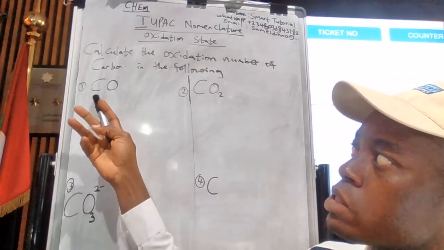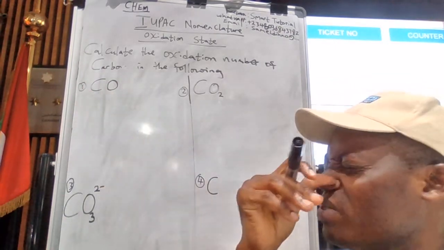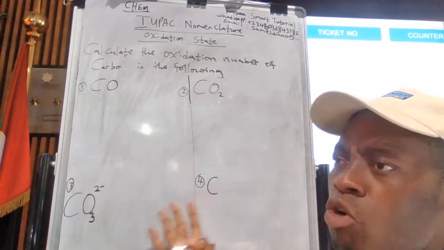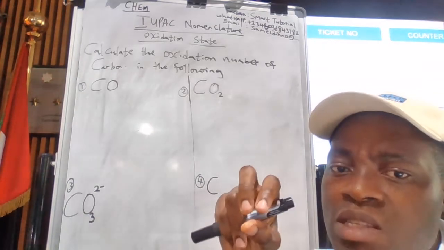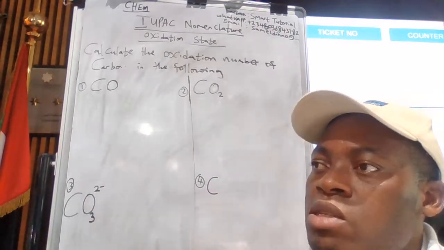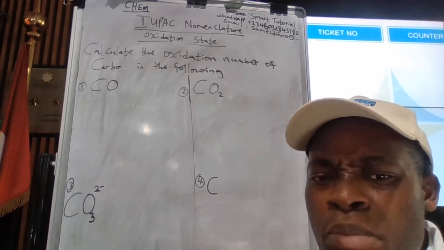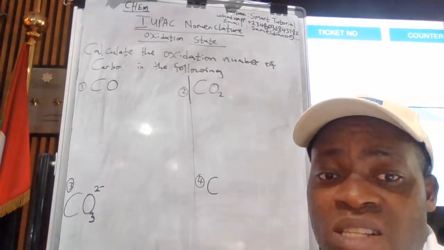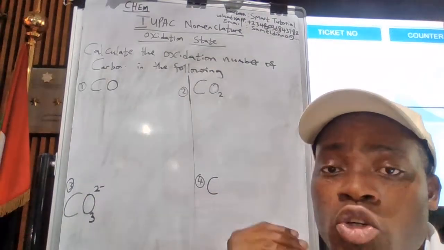For compounds like CO, you have to calculate the oxidation number of carbon. If it is another compound, you have to take note of the central element. The central element in that compound is what you have to calculate. Most of the central elements are made up of elements that have various oxidation numbers.